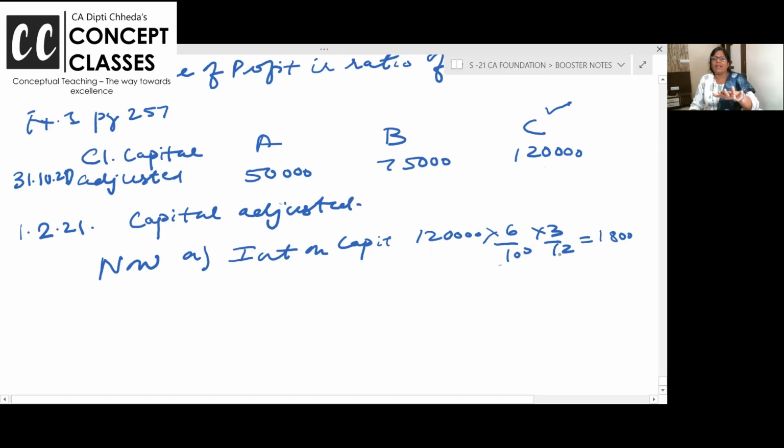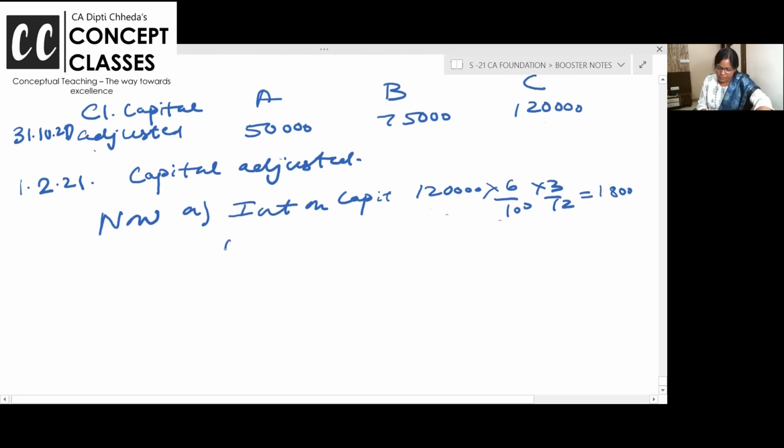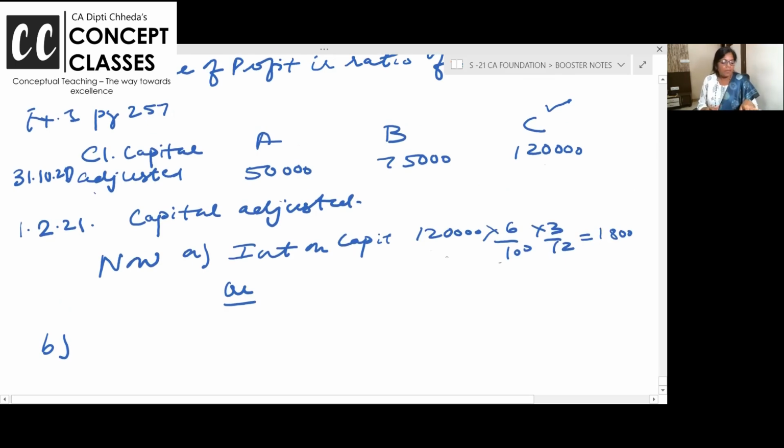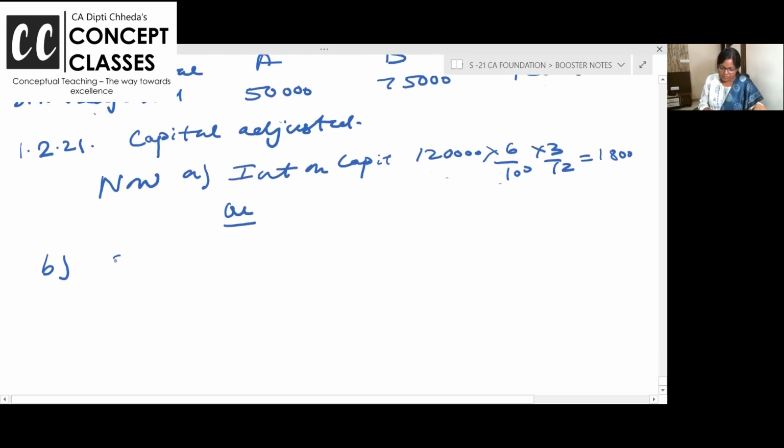Option 2: C is saying okay, we have used your capital for 3 months, 120. We should have paid because on that day only you retired from the partnership firm. B, what is the 3 months profit? 3 months profit is given to you, 28,000.